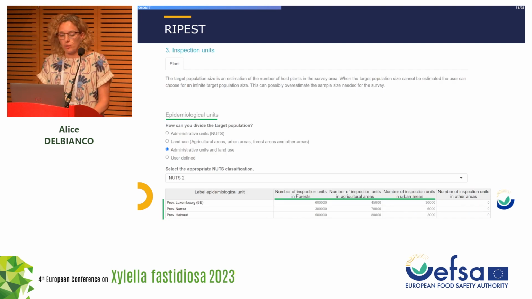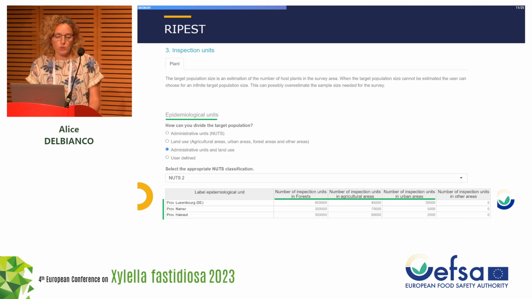Then the following step is to divide the target population and define our epidemiological units that can be administrative units, so NUTS levels, land use categories, or both. For this example, I choose both administrative units and land use categories.